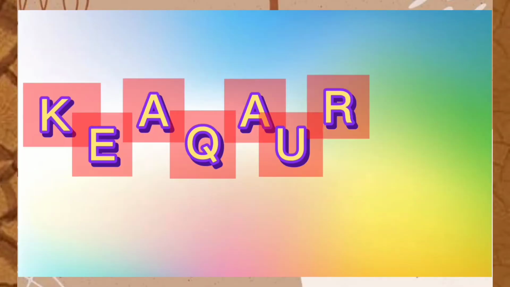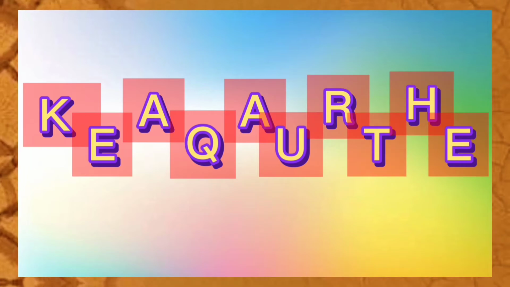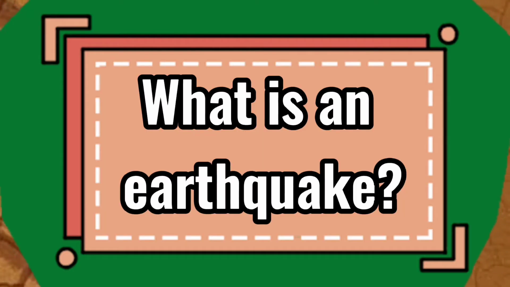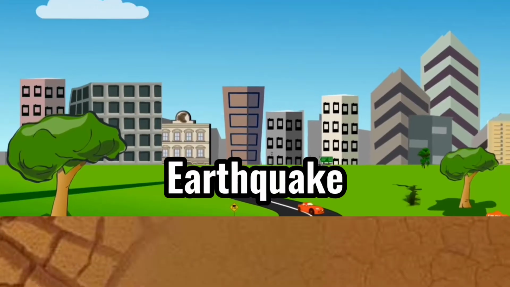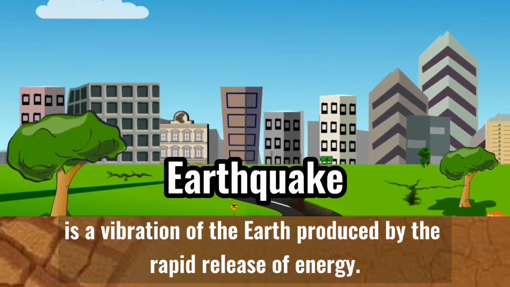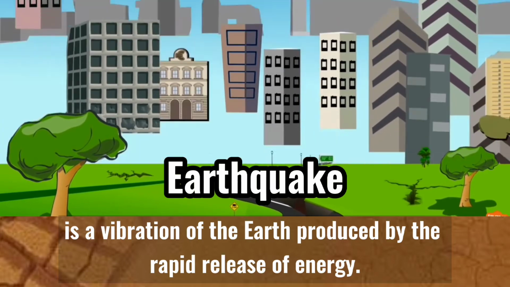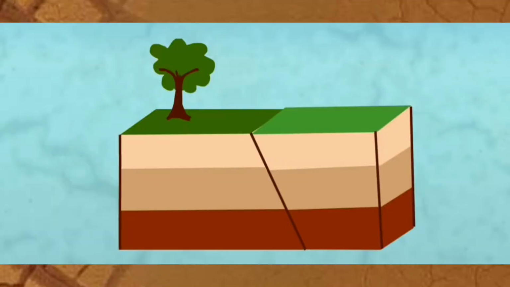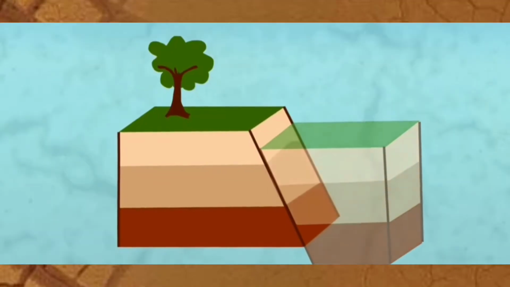I want you to pay attention to this jumbled word. What is it? You are correct. The word is earthquake. What is an earthquake? An earthquake is a vibration of the earth produced by the rapid release of energy. It is caused by a sudden slip on a fault.